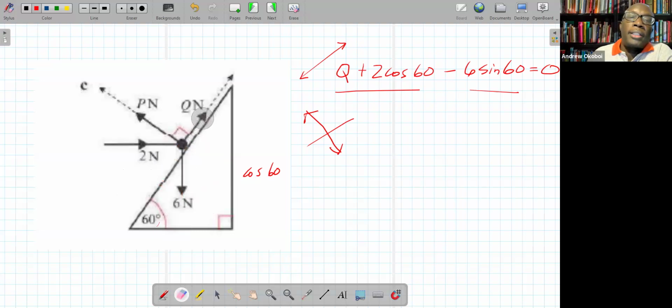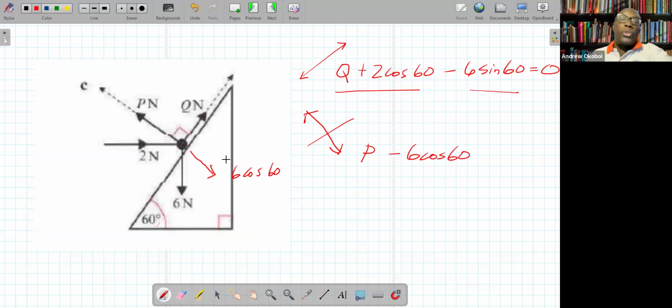Q is already on the axis, so there's nothing about Q. So I'm going to say this is P. P is positive, and it's pointing upwards. Now, this one here I said was 6 cos 60, but it's pointing in the opposite direction of P. So I'm going to say minus 6 cos 60.